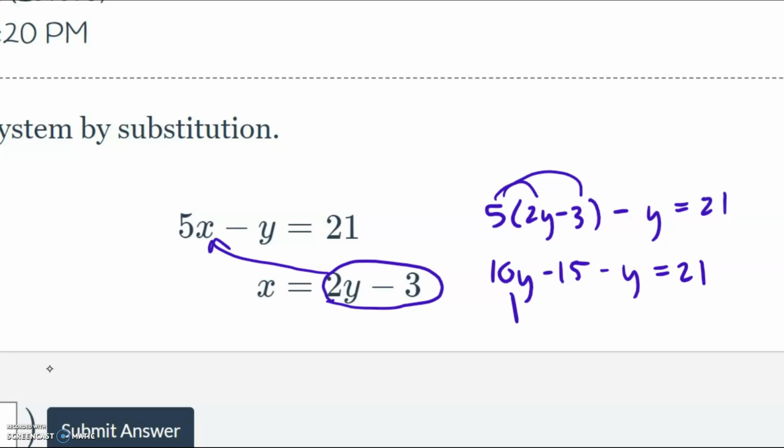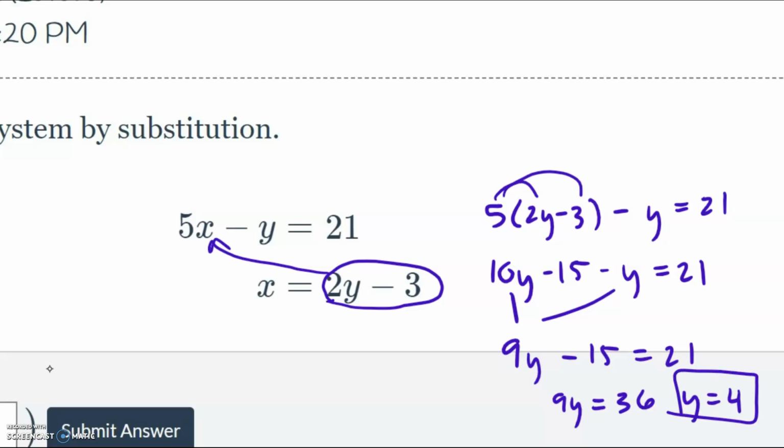I'm going to combine my like terms. 9y minus 15 equals 21. Add 15 to both sides. 15 plus 21 is 36. Divide by 9, and I'm getting 4.